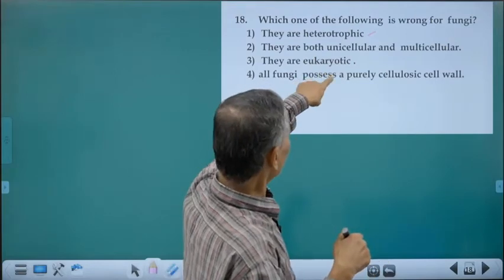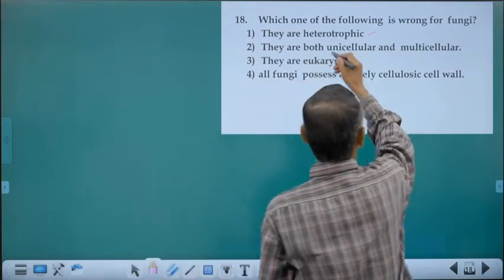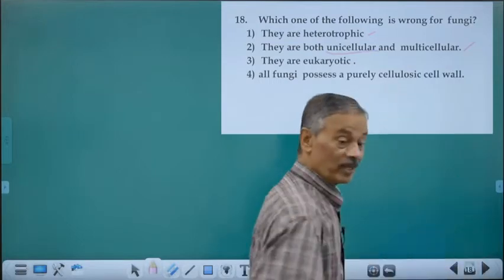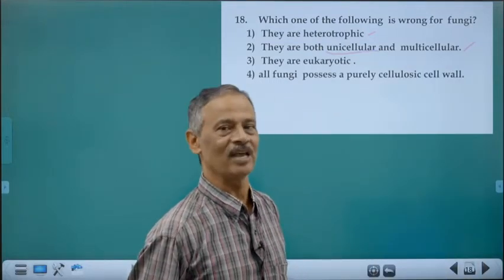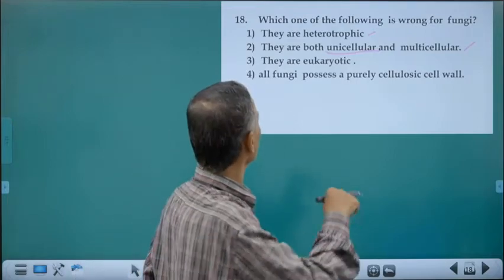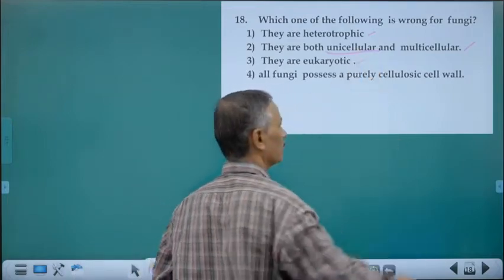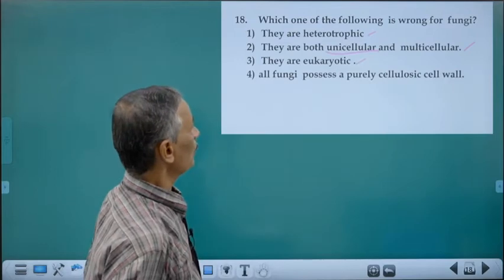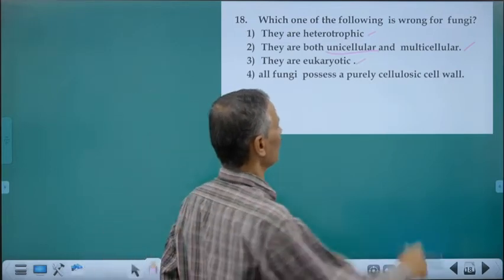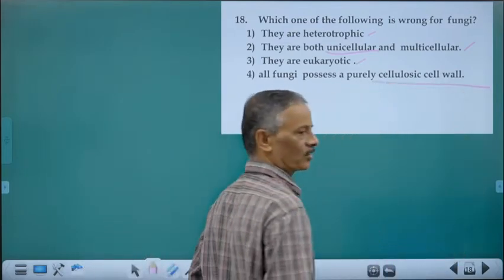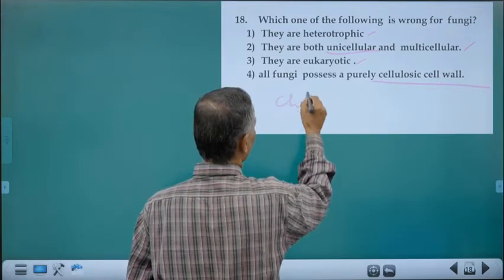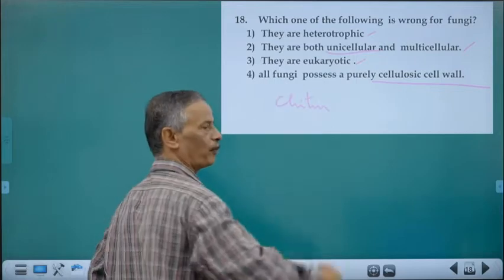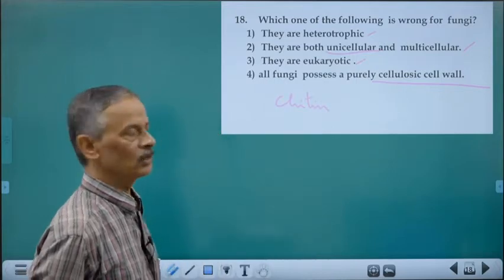They are both unicellular and multicellular. Is there anybody who is unicellular? Yes, Saccharomyces yeast is unicellular. They are all eukaryotic, correct. All fungi possess a purely cellulosic cell wall? No, their cell wall is chitin, a polymer of N-acetyl glucosamine.